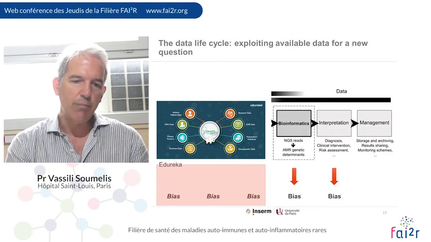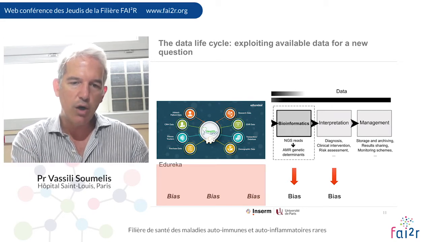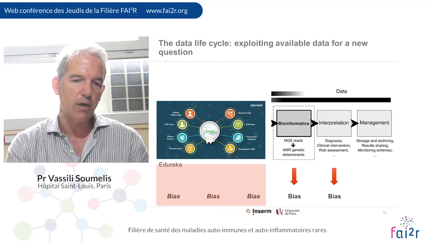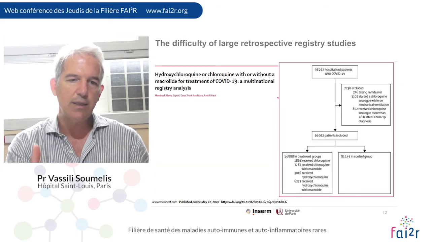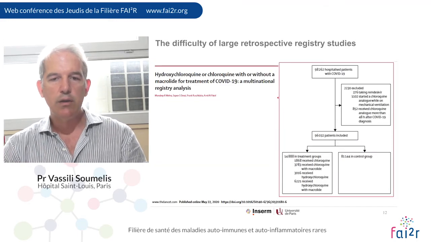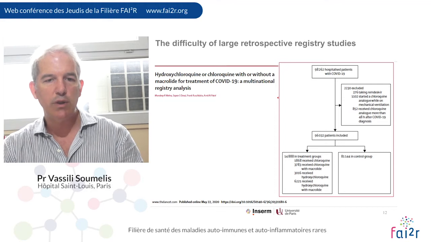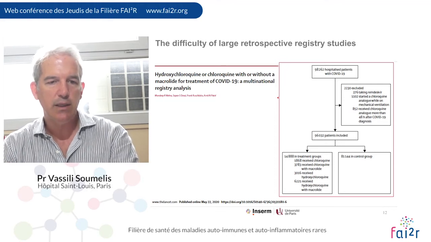And a second example concerns biases that can occur at earlier stages, the ones that are not very easy to track when we exploit already available big data. This example is taken from the topic of our webinar, which is COVID-19 disease.